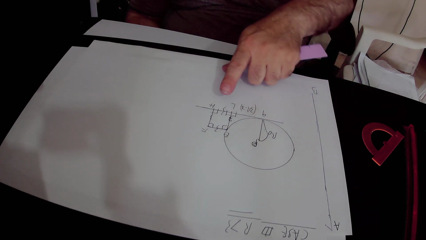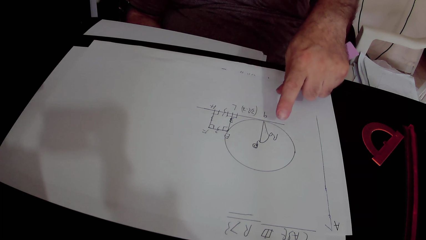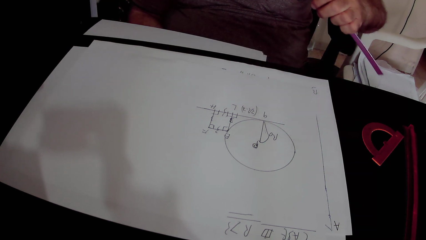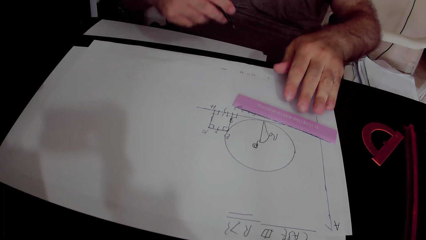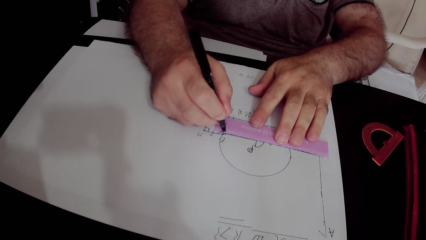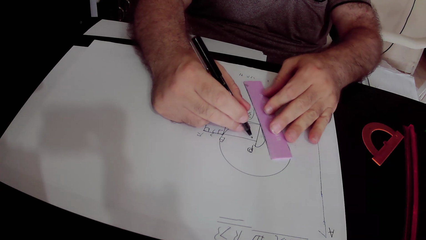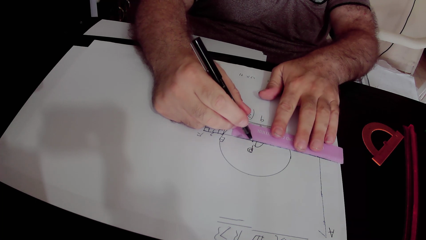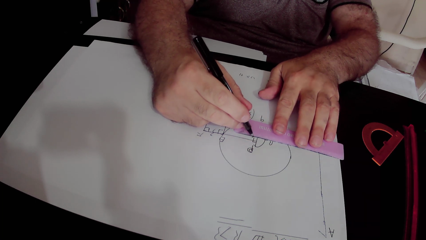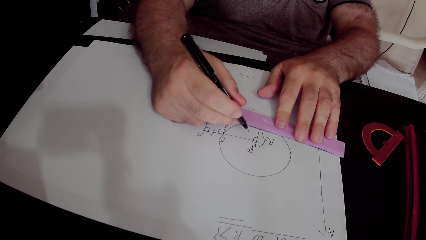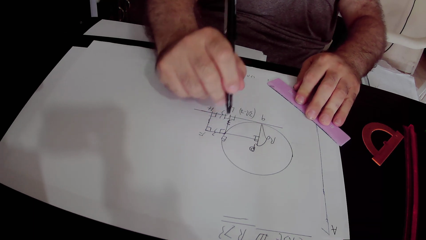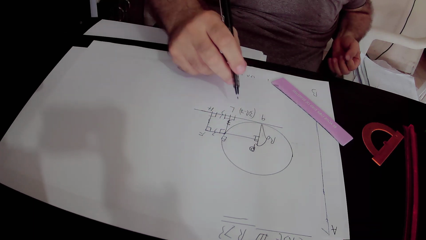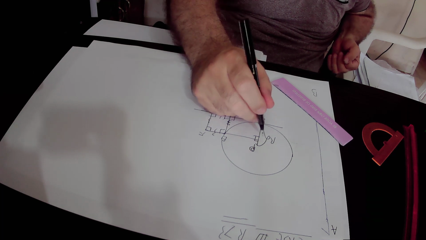I repeat again, from point E we draw a perpendicular on the radius PQ. So this angle equals 90 degrees, and this angle will also equal 90 degrees according to our construction. We define the touching point of the perpendicular from point E and PQ as T.